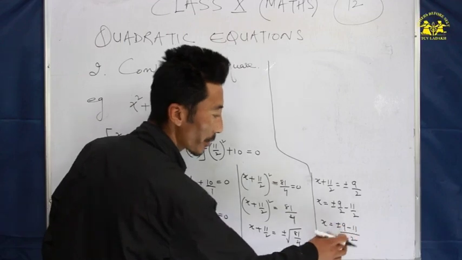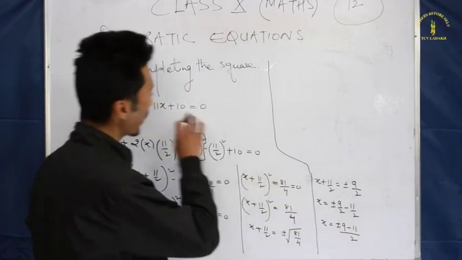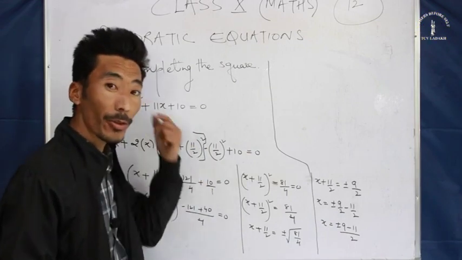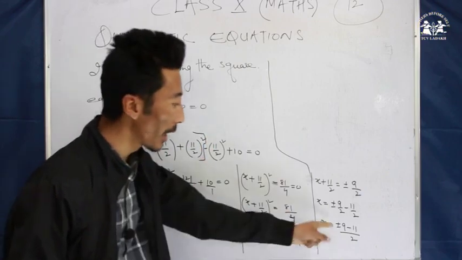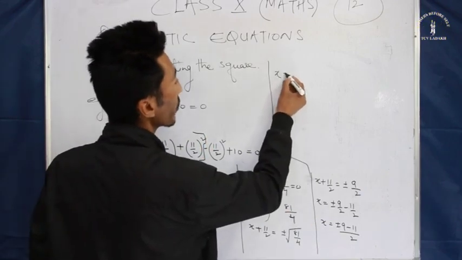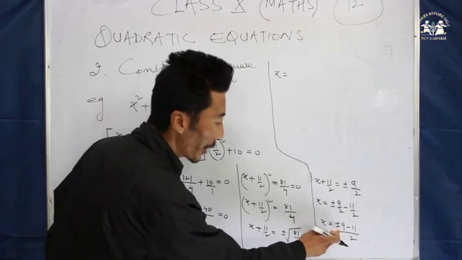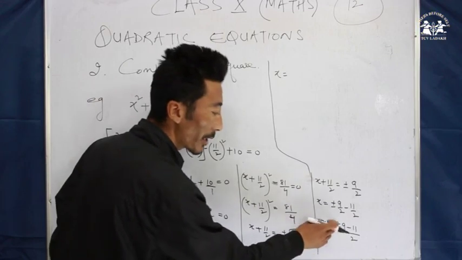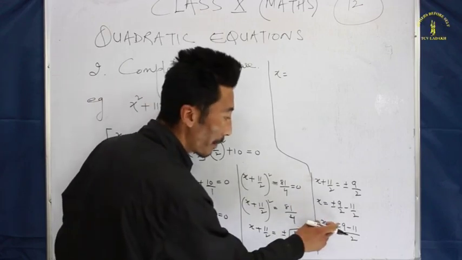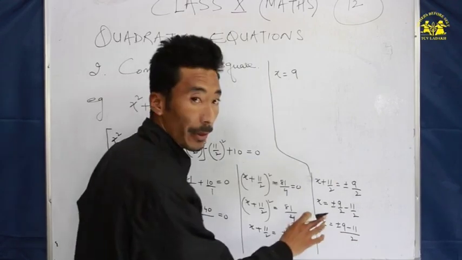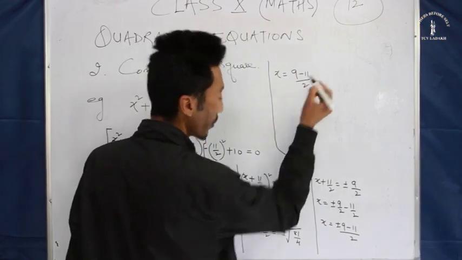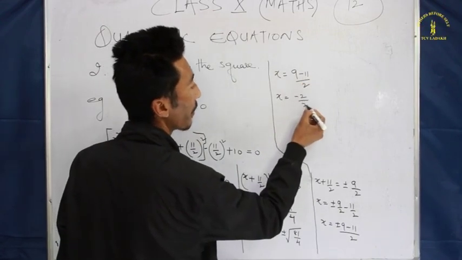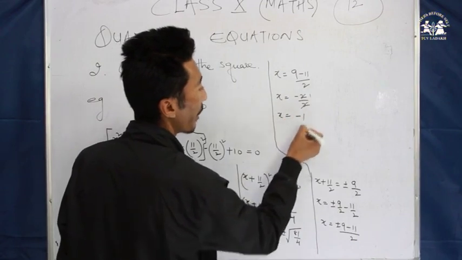So x equals plus and minus 9 minus 11 divided by 2. This is how we solve quadratic equations, finding the zeros. For the plus 9 case, x equals 9 minus 11 divided by 2, which is minus 2 divided by 2, so x equals minus 1.